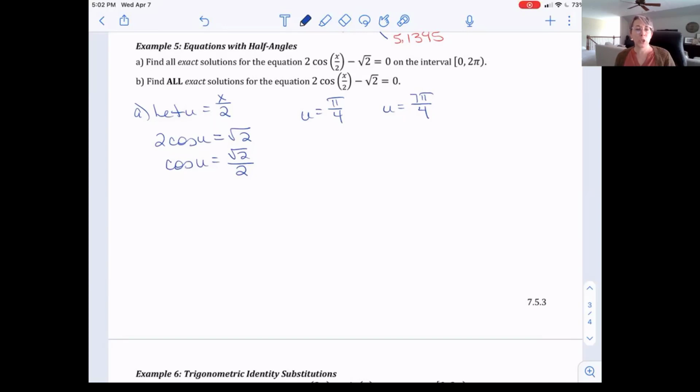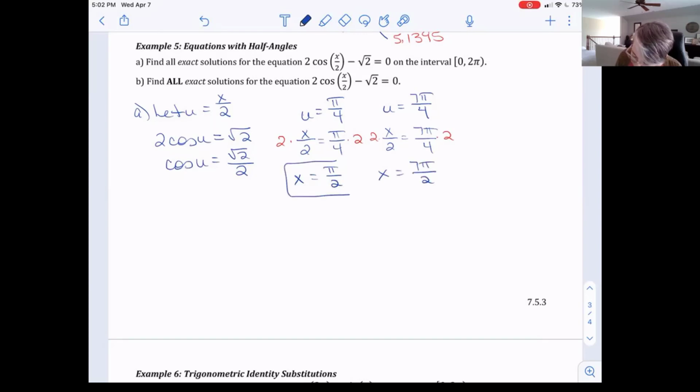But remember, u is not what we're solving for. Let's substitute back in. So x divided by 2 equals pi over 4, and x divided by 2 equals 7 pi over 4. So now when we solve for x, we're going to multiply both sides by 2 in both of those equations. So we would get x equals pi over 2 and x equals 7 pi over 2.